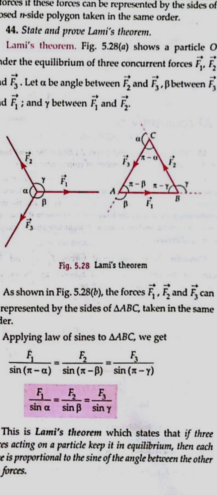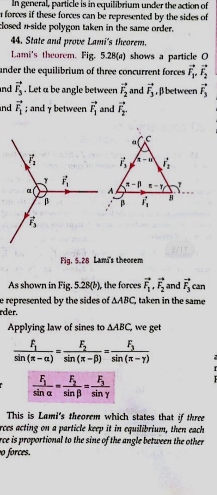Taking the same order, if we take the sine rule of the triangle ABC, F1 will be over sin of pi minus alpha, F2 over sin of pi minus beta, and F3 over sin of pi minus gamma.